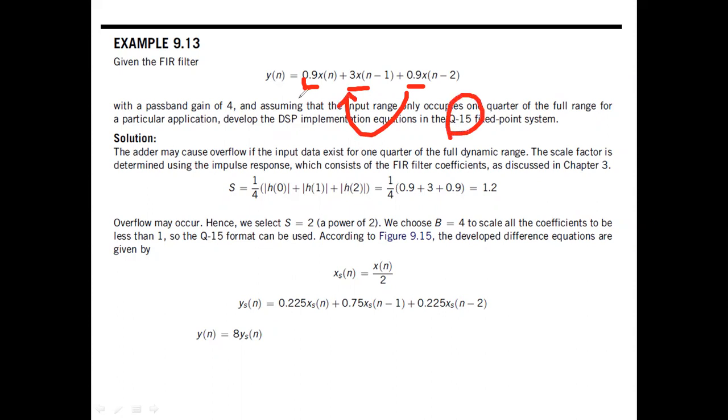That's why we scale all these coefficients by a factor not 3 but 4. So the scaling factor for the filter coefficients shall be 4. The scaling factor for the inputs shall be 1.2 rounded to 2. This is what we need to take care of when implementing an FIR filter.